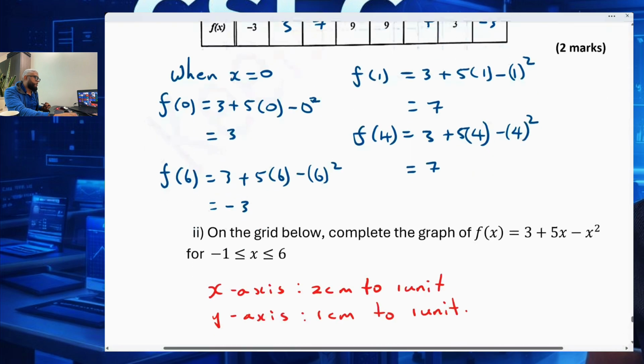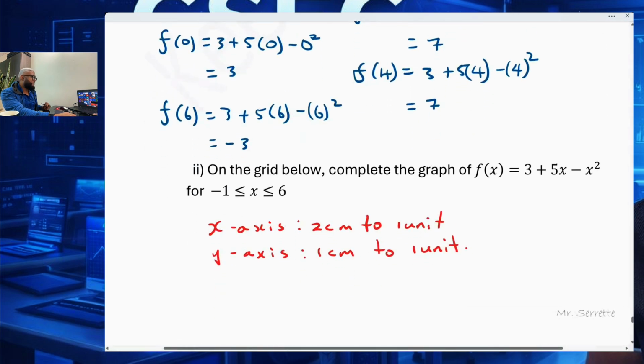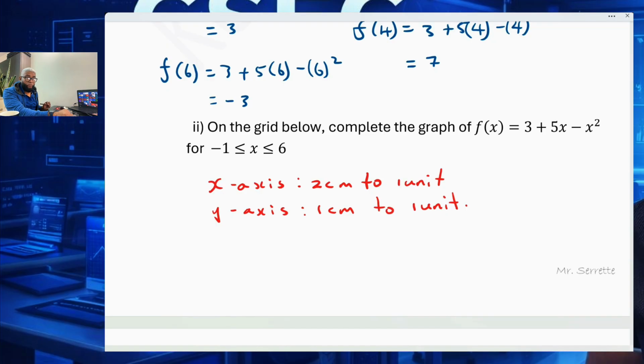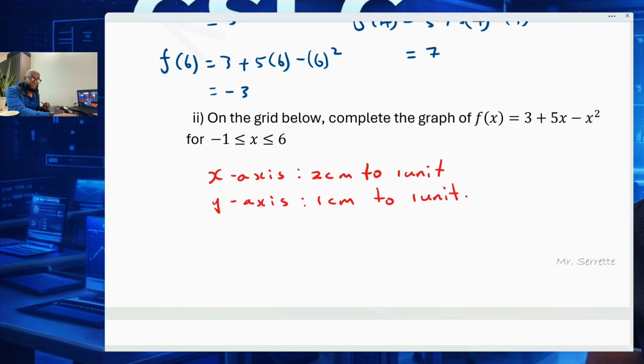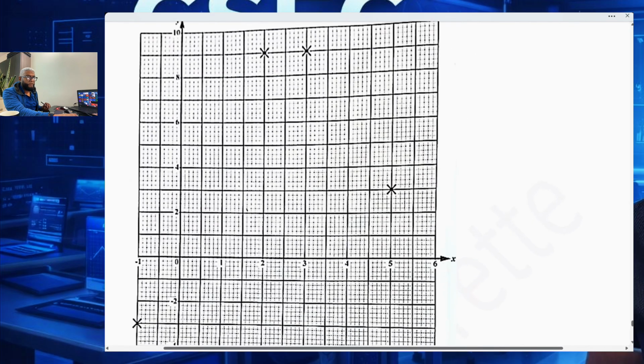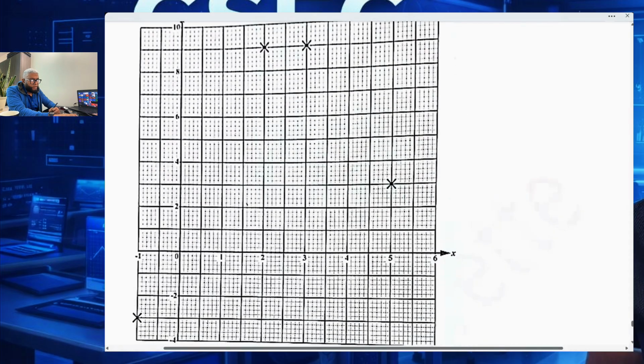So on the grid below, complete the graph of f of x is equal to, not 3x, sorry, 3 plus 5x minus x squared for the domain -1 less than or equal to x less than or equal to 6. So CXC already plotted some points here for you all, right? So which one's missing? -1 and -3 is here.